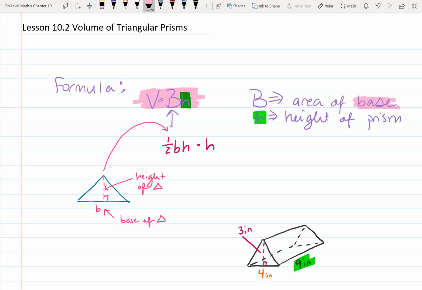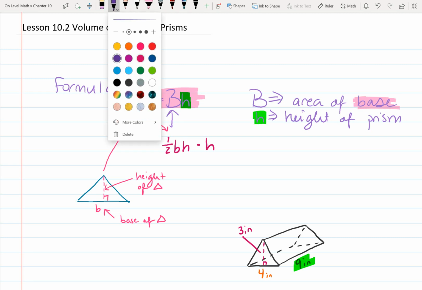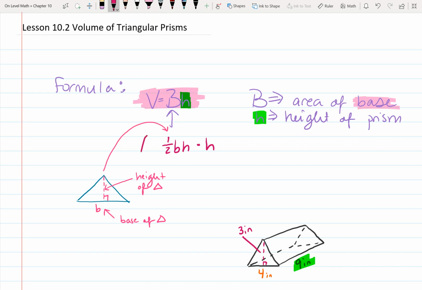So the area of a triangle is 1/2 base times height. But you're still multiplying it by the height of the prism. So that gets a little dicey. But your breakdown should still be the same, right? If you're using a triangular prism, 1/2 times base times height times height.